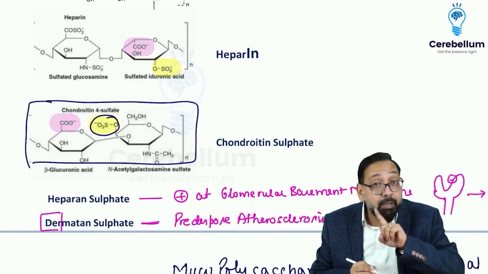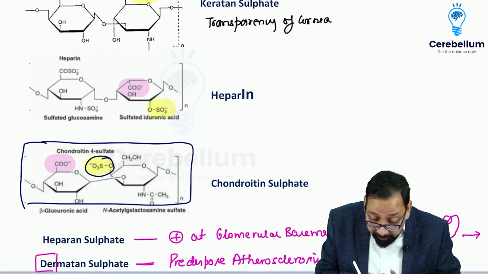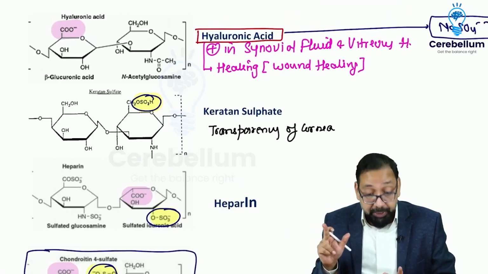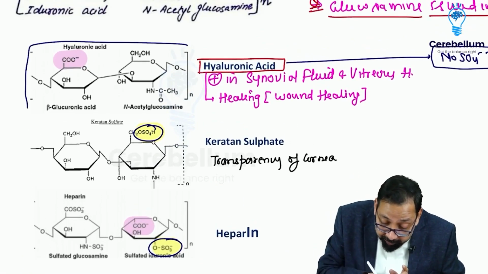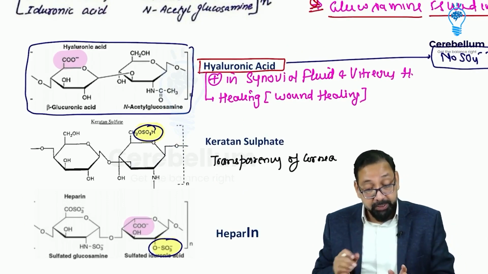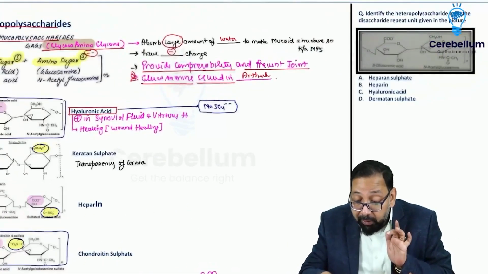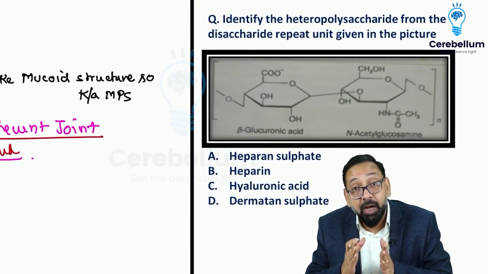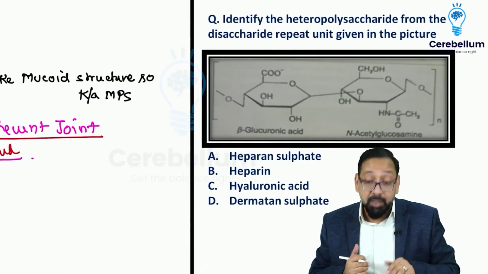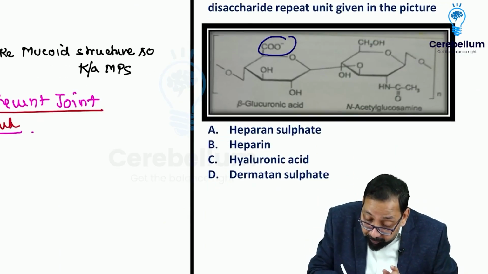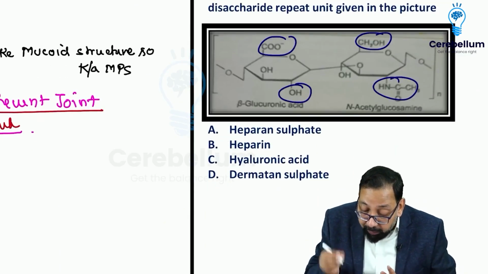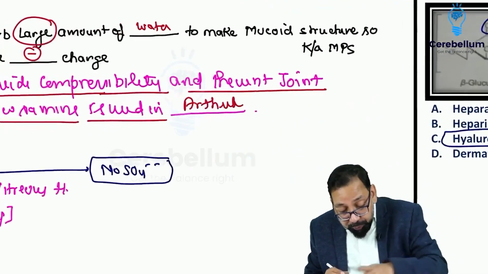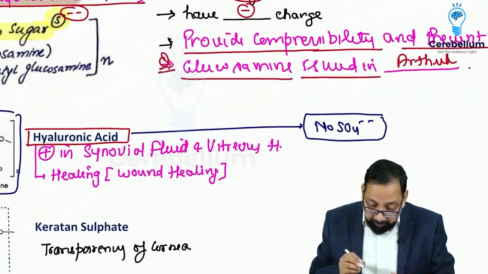If sulfate is there, it can't be hyaluronic acid. Yes, in this sulfate is not there. This is hyaluronic acid. So the question was asked, they gave an image of a glycosaminoglycan heteropolysaccharide and asked which one it is. You searched for sulfate. There was no sulfate, so you marked the answer hyaluronic acid. So first question, hyaluronic acid, no sulfate.